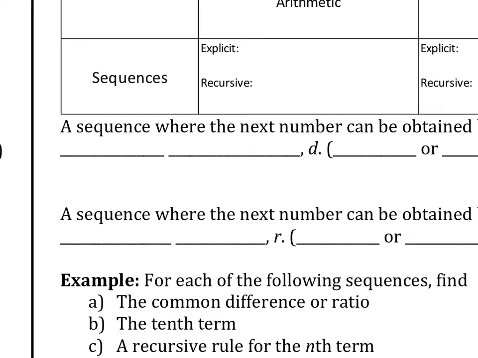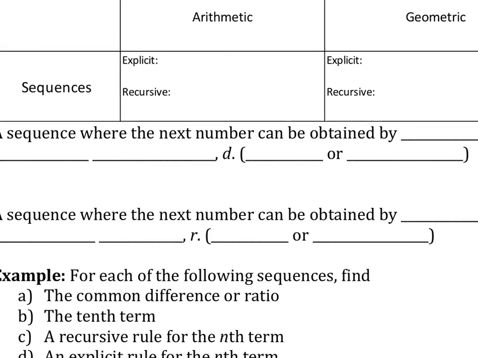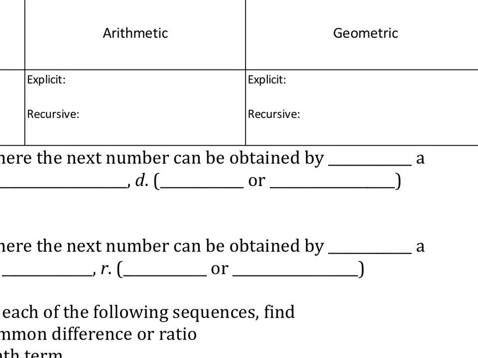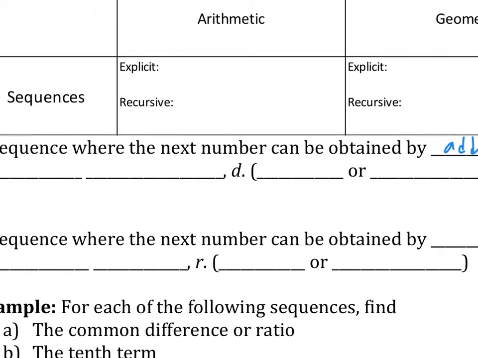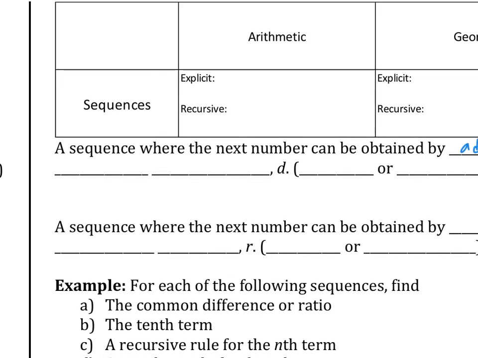An arithmetic sequence is a sequence where the next number can be obtained by adding a common difference. Common difference doesn't always mean subtract.